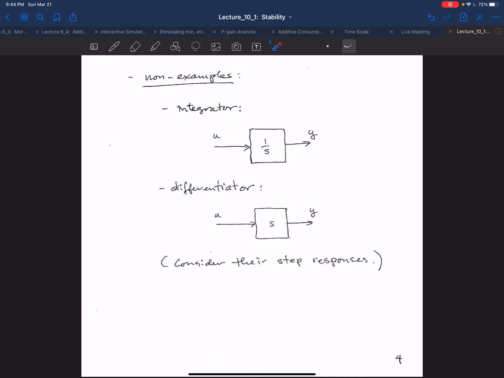So the degree of the numerator is 1. The numerator polynomial is first degree. The denominator polynomial is just a constant, so it's 0th degree, if you like. So the degree of the numerator is greater than that of the denominator. That means this is not a proper function. It's an improper function. And according to the theorem, that explains why this system is not BIBO stable.